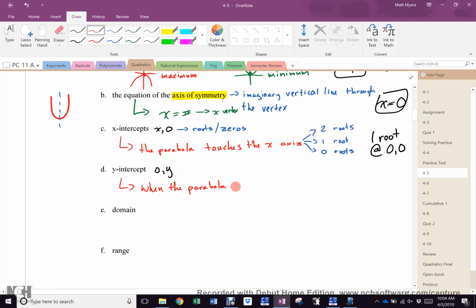When the parabola touches the y-axis. How many can there be in grade 10, in grade 11? One only. A parabola will always touch the y-axis. How many times? In grade 11, once.